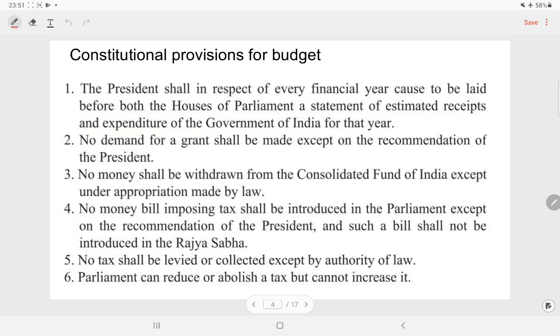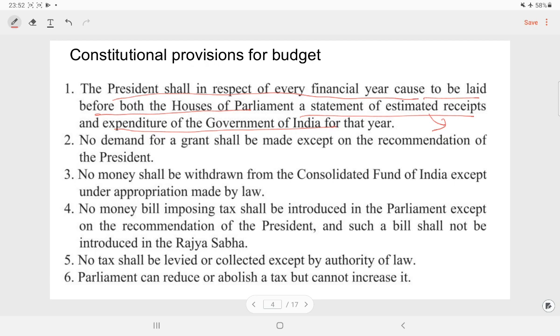Moving on, what are the different constitutional provisions for the budget? The first constitutional provision we have to know is that the President shall, in respect of every financial year, cause to be laid before both Houses of Parliament a statement of the estimated receipts and expenditure of the Government of India for that year. For example, this year President Kovind held a joint session of both Houses of Parliament just before the budget, which was released on 1st February.